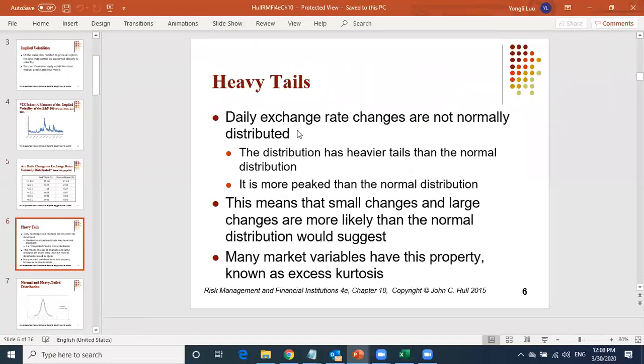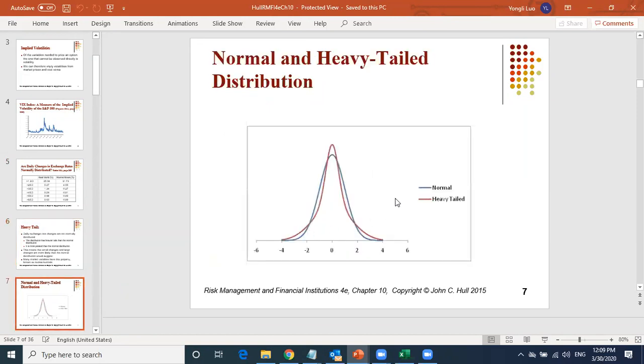The fat tail is a heavy tail. This means that small changes and large changes are more likely than the normal distribution would suggest. So the return of foreign exchange or stocks is a normal distribution, but with a heavy tailed distribution.